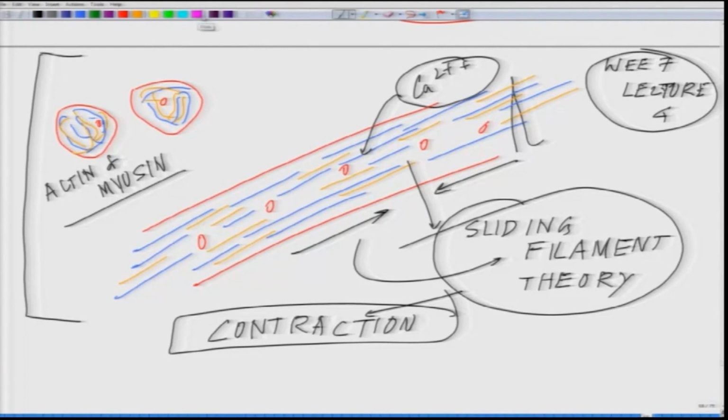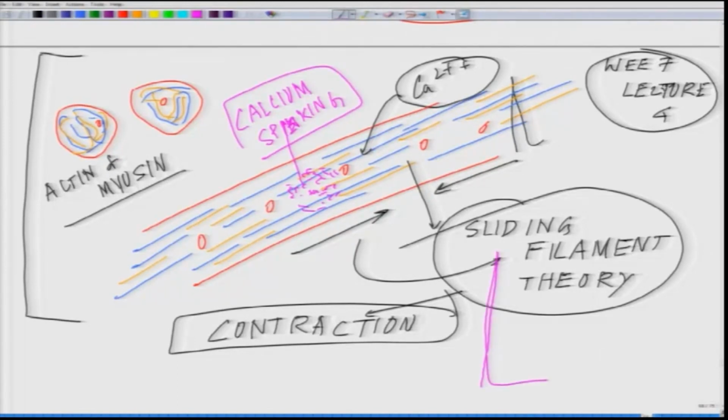What you will be observing is that at a particular time, these dots are showing the calcium spiking, and it is a very transient spike. It happens like this and falls like this, a very transient spike.